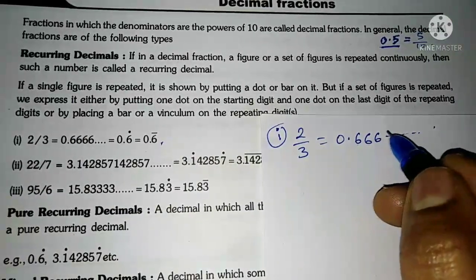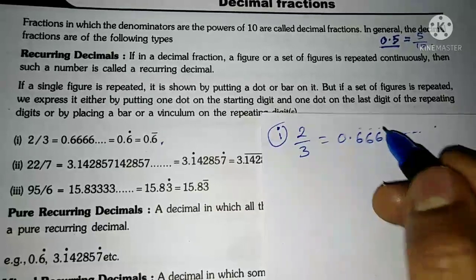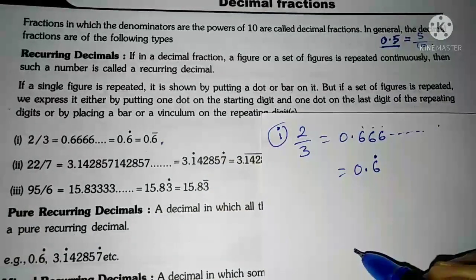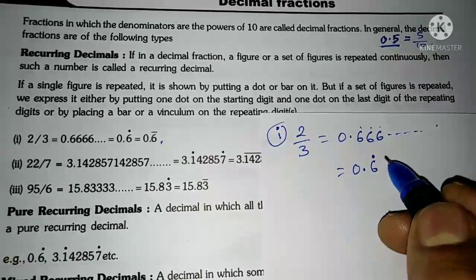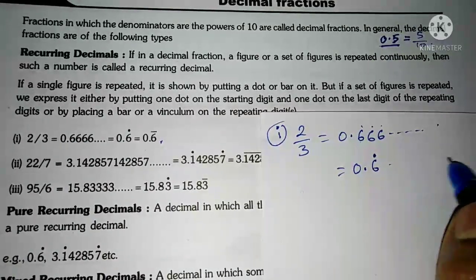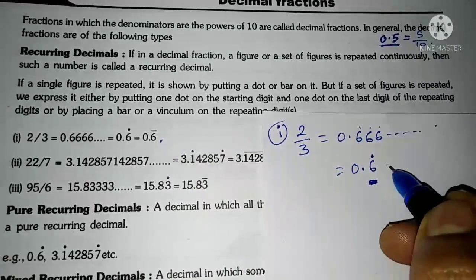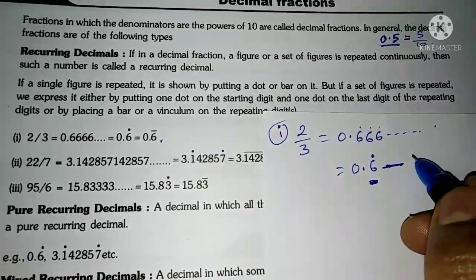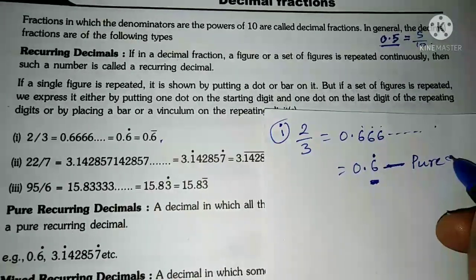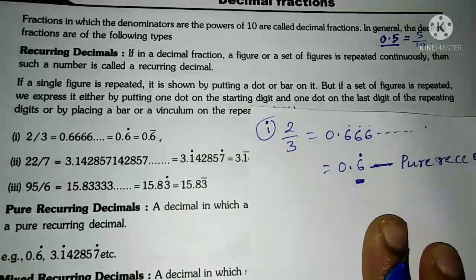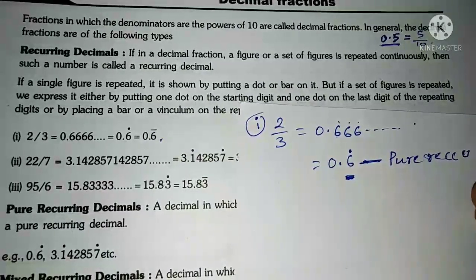And the same number is going to continue, 666. You can write it like this, with a dot on the top of the 6, and no need to write all the numbers. So only 6 is there and 6 is going to repeat. So this decimal is known as pure recurring decimal.